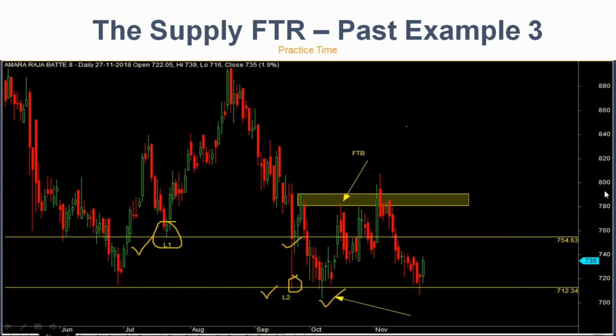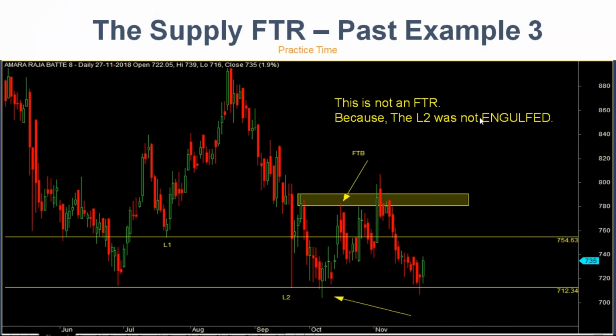L2 is not engulfed. That is the answer, Shrikant and Prabhu. More than the zone formation, L2 didn't happen. We will go and check SBI Bank after today to see what is the future of the bank. So this is not an FTR because L2 was not engulfed.